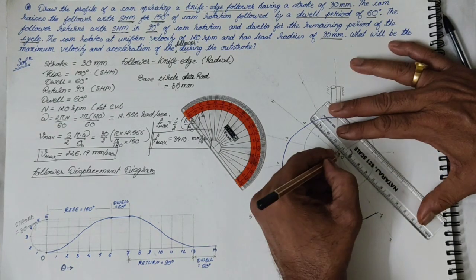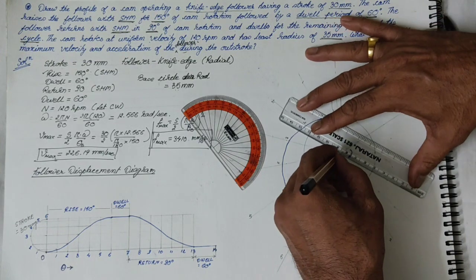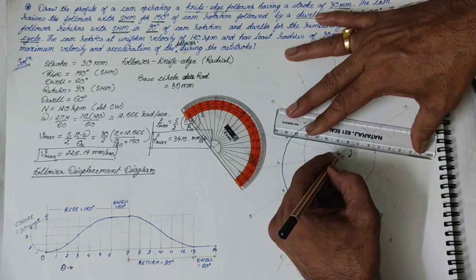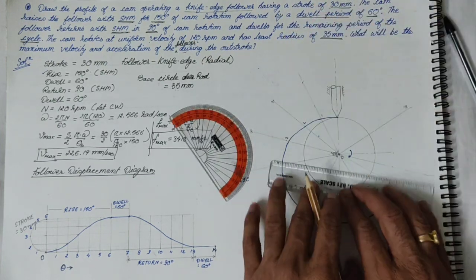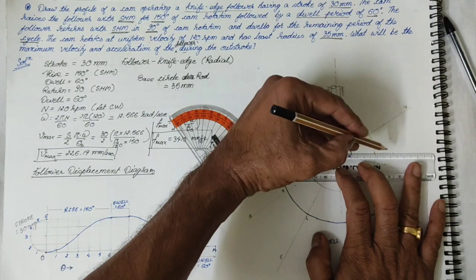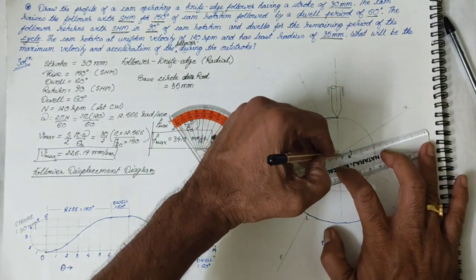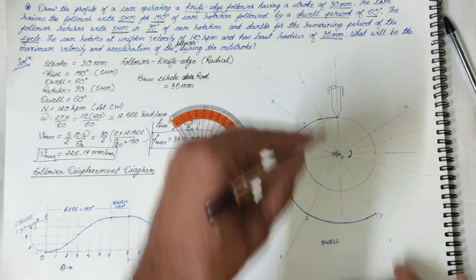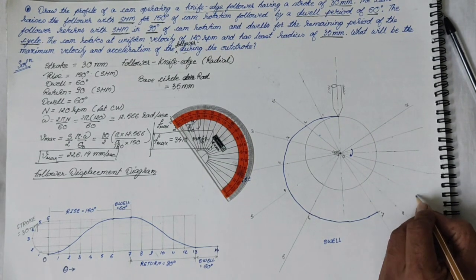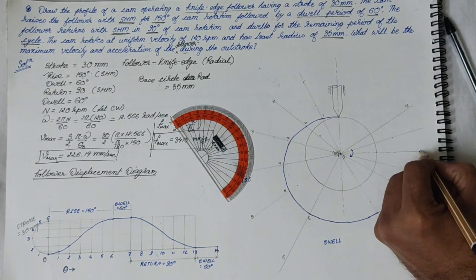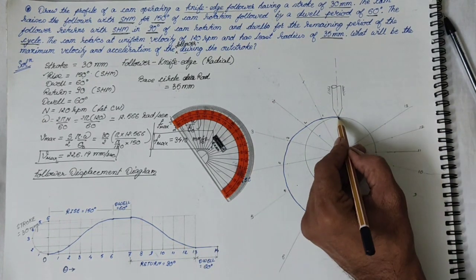So these are the lines of stroke for return. So this is then 8, 9, 10, 11, 12 and the 13th. Then the 14th and 0 will be this.